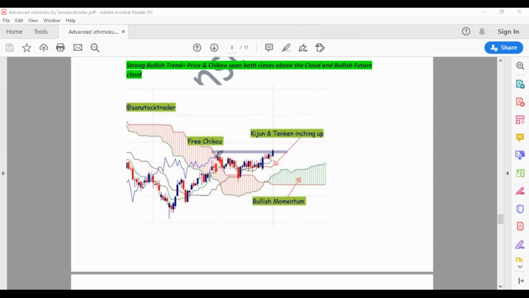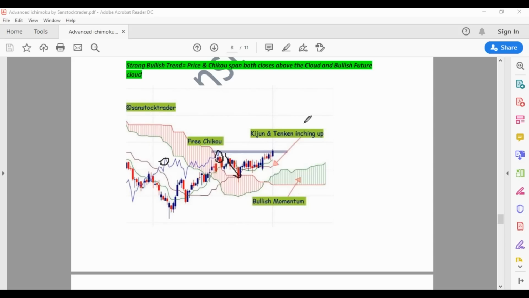Here, at this point, price closed above the cloud, but at the same time the Chikou Span was well below the cloud, and price did not move from that point and corrected. Someone may wonder what happened. Price was already above the cloud, so why did the stock not move up? Because the other component of the Ichimoku, the Chikou, was not in line.